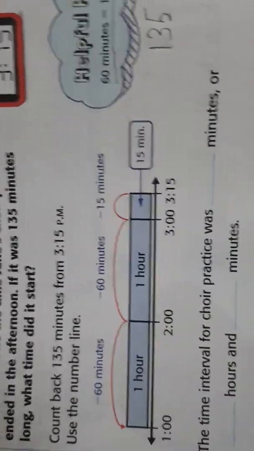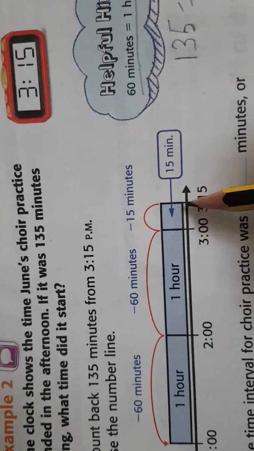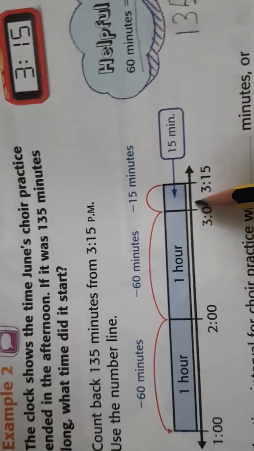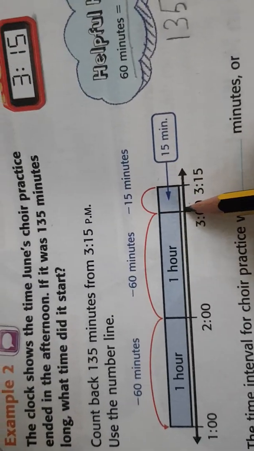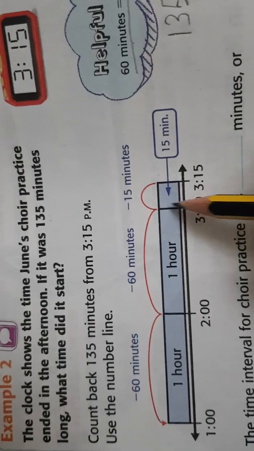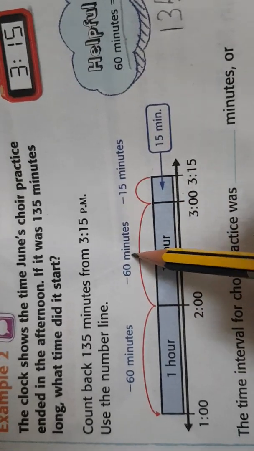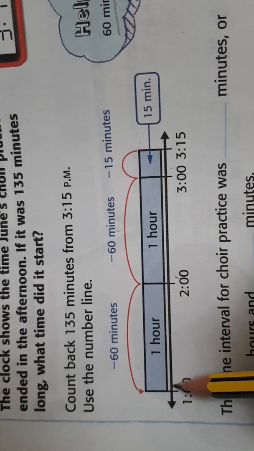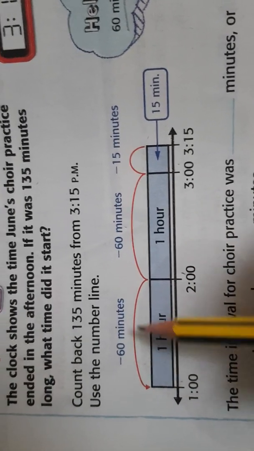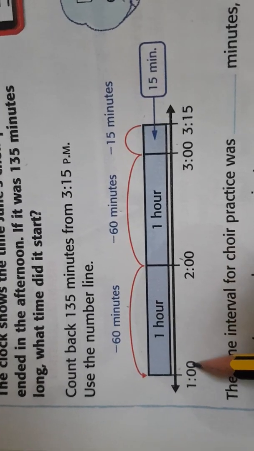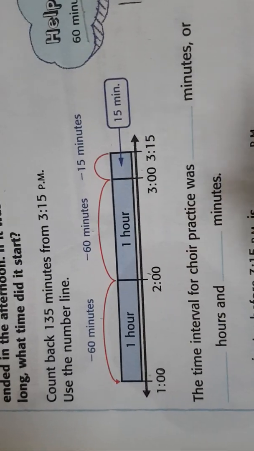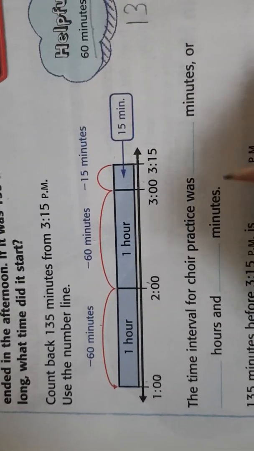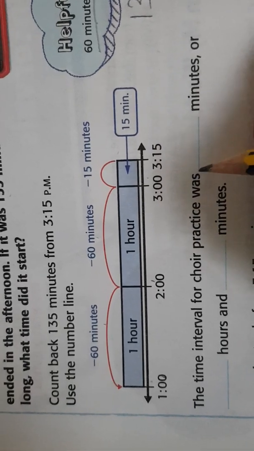Okay, so let's look back at the number line. First, let's remove the 15 from 3:15. It will become 3. Then let's remove 1 hour, which is the first 60 minutes. It will become 2. Then let's remove the second hour, which is 60 minutes. It will become 1. So the practice was how many minutes?